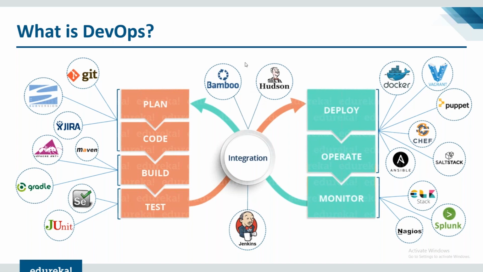The most popular tool out there is Jenkins, and we also have tools like Hudson and Bamboo, right? But the most popular tool for continuous integration is Jenkins, which has a market share of around 70%. Jenkins is so popular because it has vast plugin support. That means it supports multiple applications and tools.